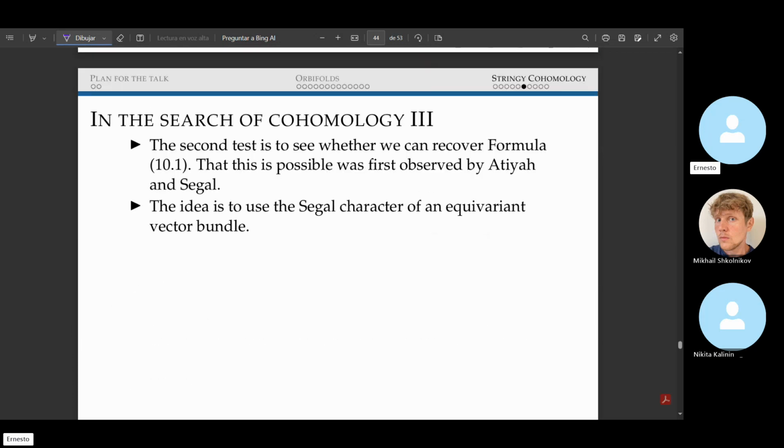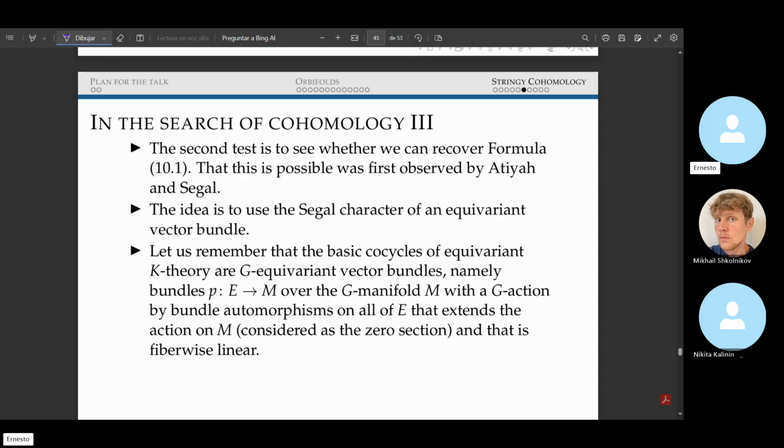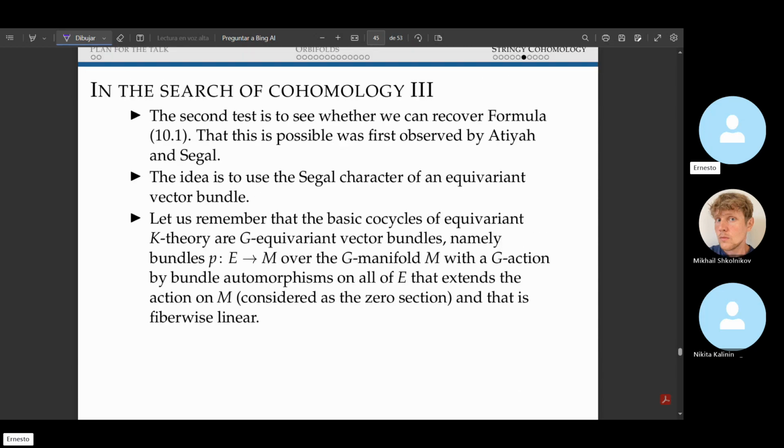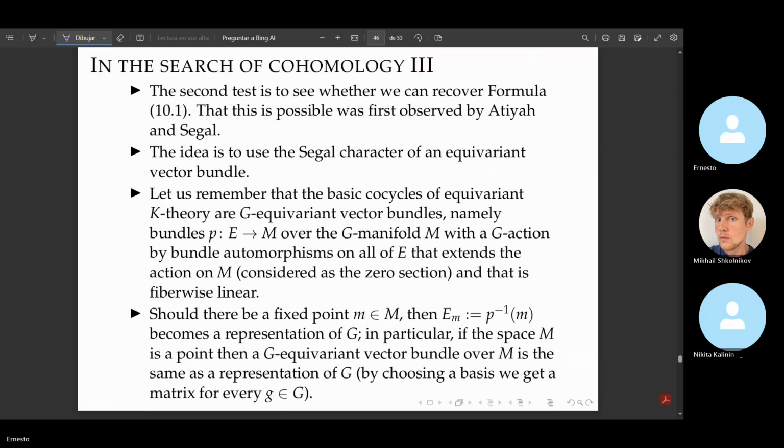So Atiyah and Segal observed that, using the Segal character of an equivariant vector bundle, there is the character of a representation. Well, Segal defined the character of an equivariant vector bundle. So what is that? Equivariant K-theory is bundles over M, with a G action on M, and this action extends linearly to the bundle, fiberwise linearly.